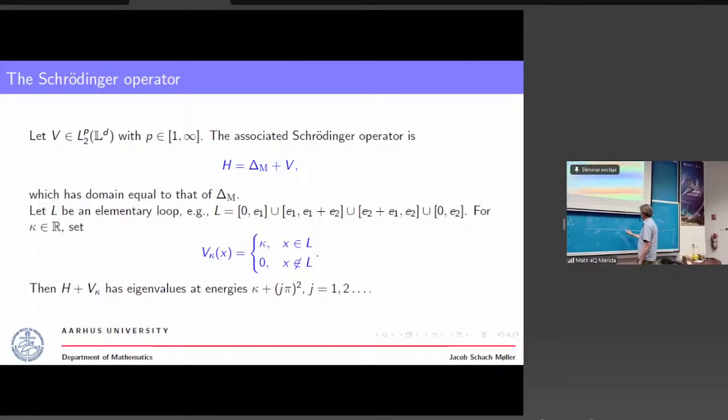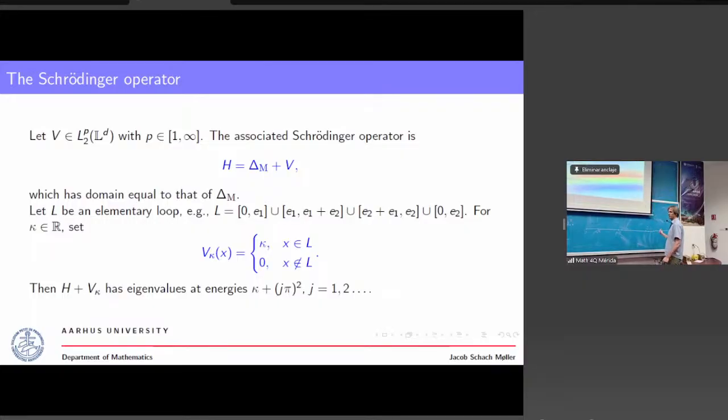So you will, for example, get a simple eigenvalue shifted here by kappa.